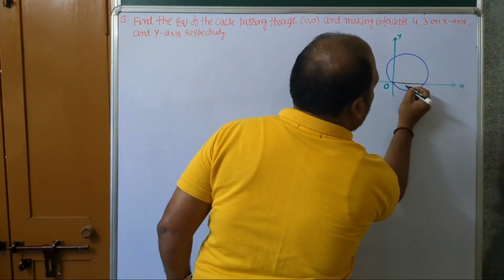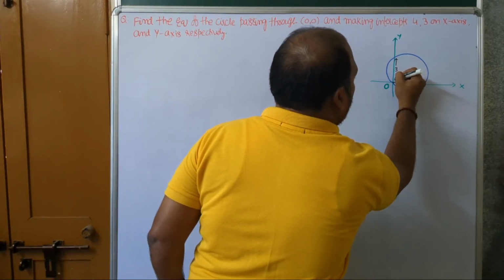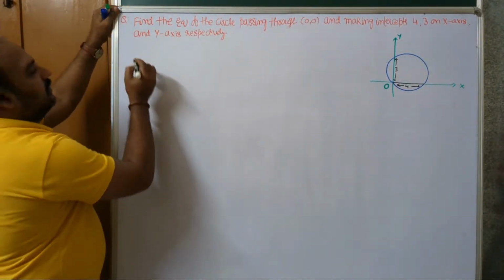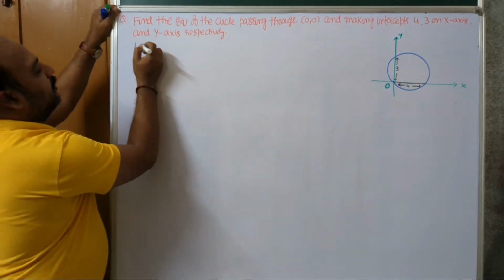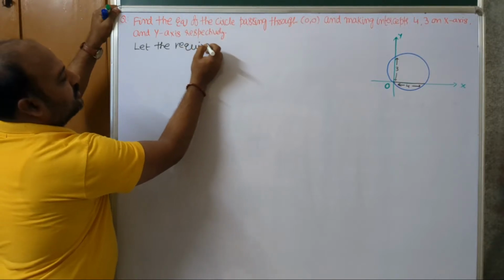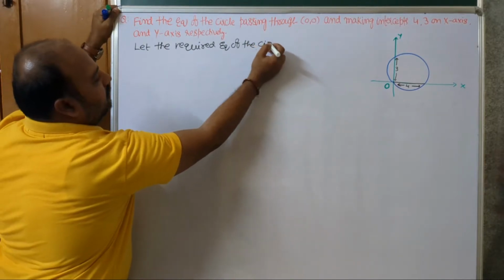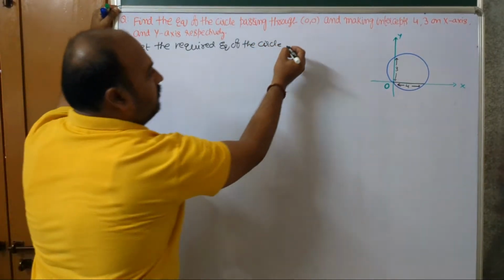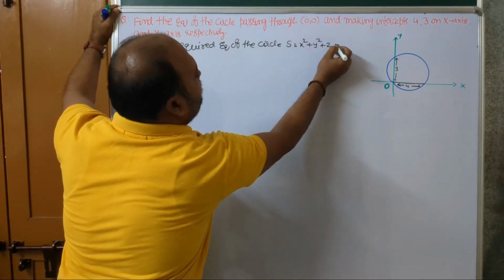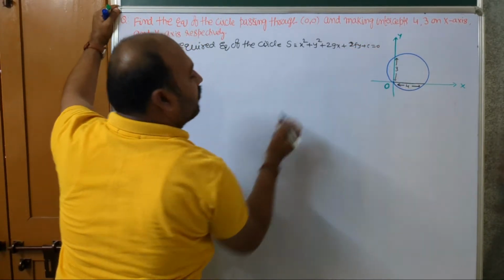From here to here it is the y-intercept length. That length is given as 3. So first, let the required equation of the circle S equal to x square plus y square plus 2gx plus 2fy plus c equal to 0.